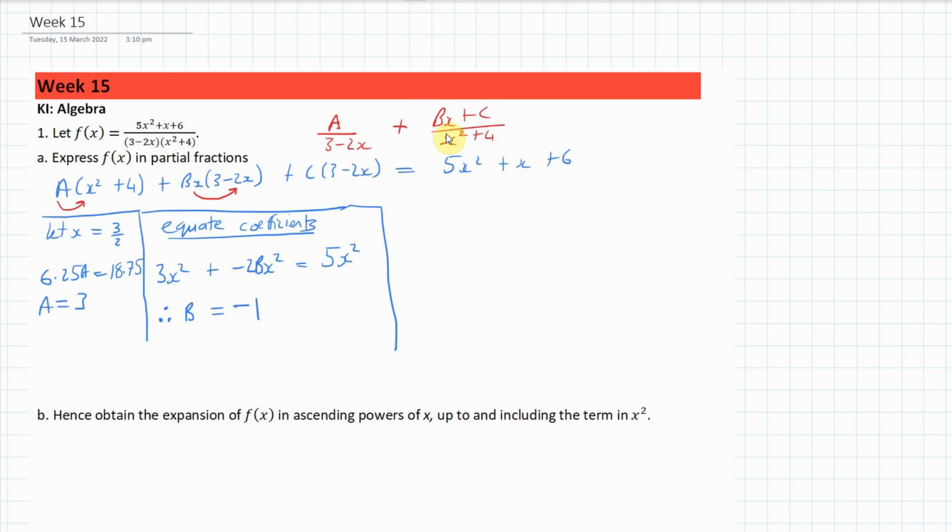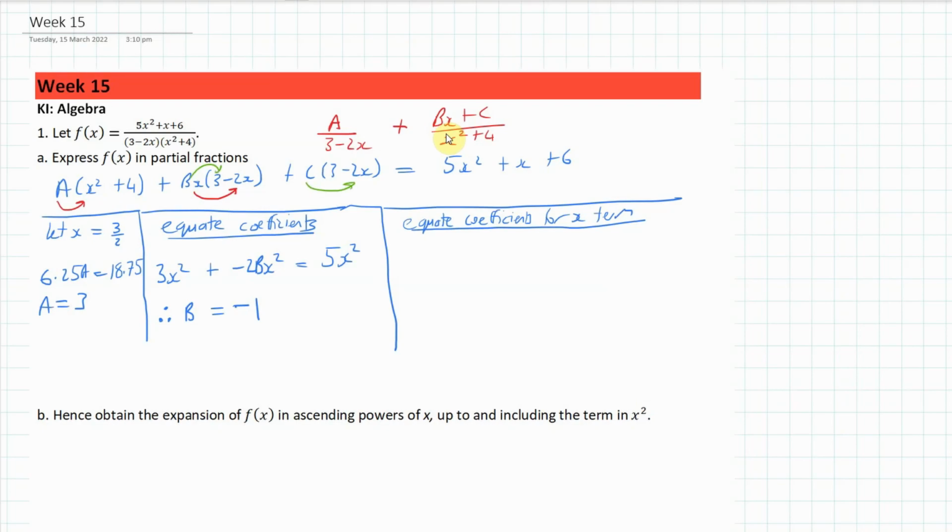Once we know that, we could also equate the coefficients for the x terms. Sorry, my writing is a bit off this morning. So if we look at the ways of getting our x term, we can go bx times 3 and c times negative 2x.